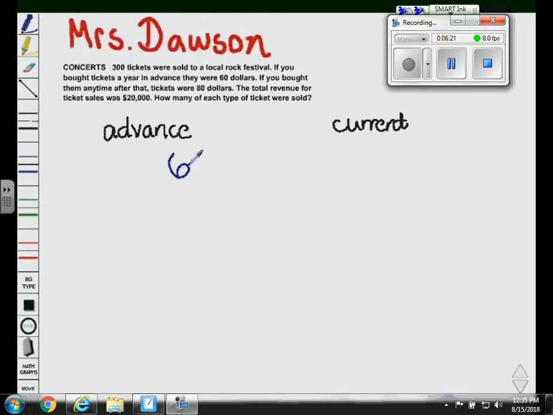The cost for every ticket purchased in advance was $60, and the cost for every ticket purchased within a year of the concert was $80. If $20,000 was the total revenue, we want to take a good guess of how many tickets were sold. So let's try 150 of each ticket.